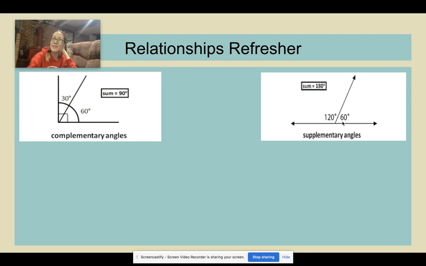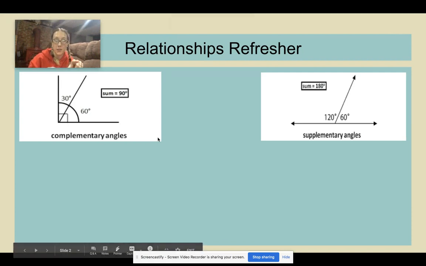When you add these together, your sum is 180. And look, when you put this angle next to this angle, it forms this beautiful straight line. That is a supplementary relationship. And I remember that because supplementary and straight both start with S.